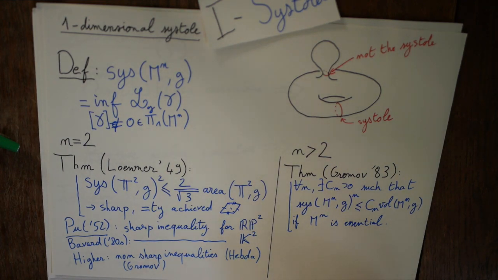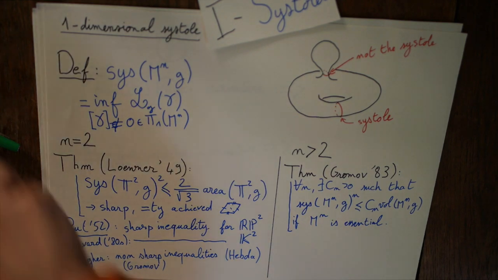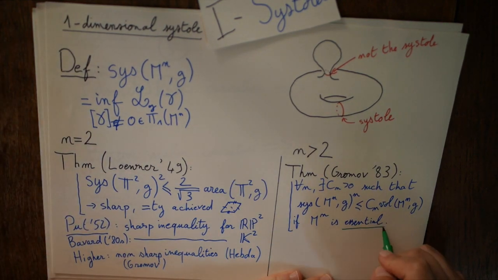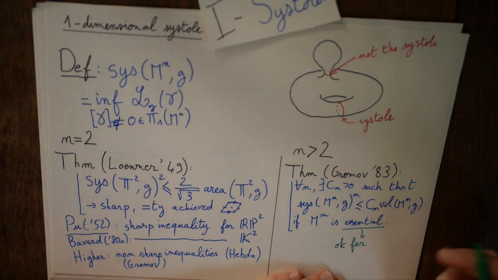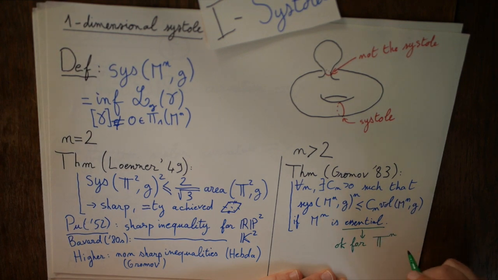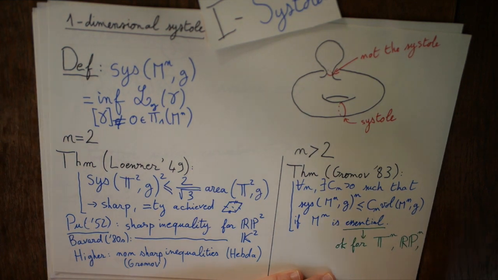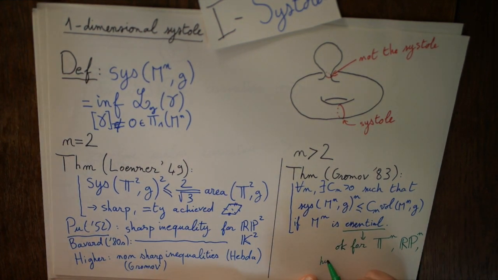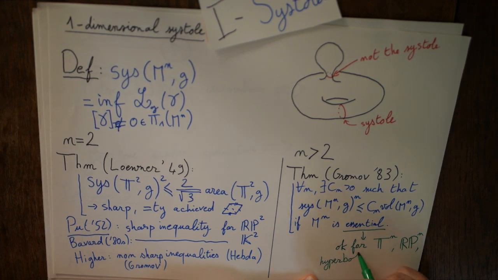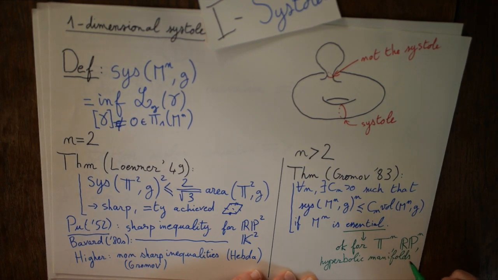And roughly, this is what this essentialness tells. For instance, this is okay for tori, real projective space, and also hyperbolic manifolds, and connected sums of those.